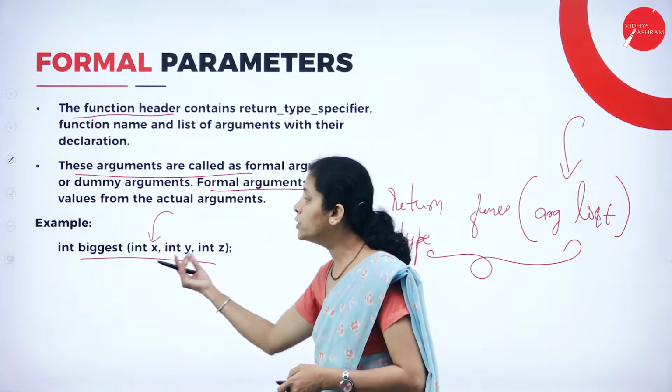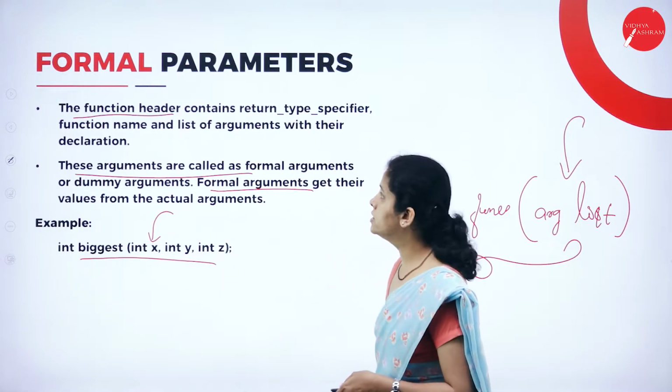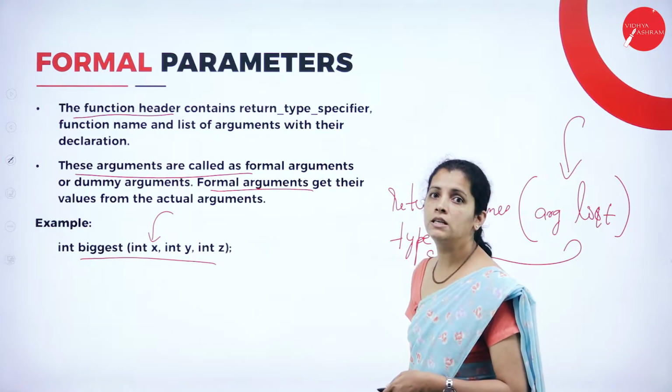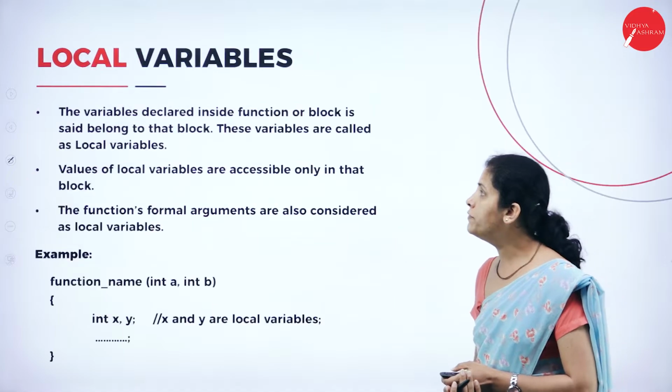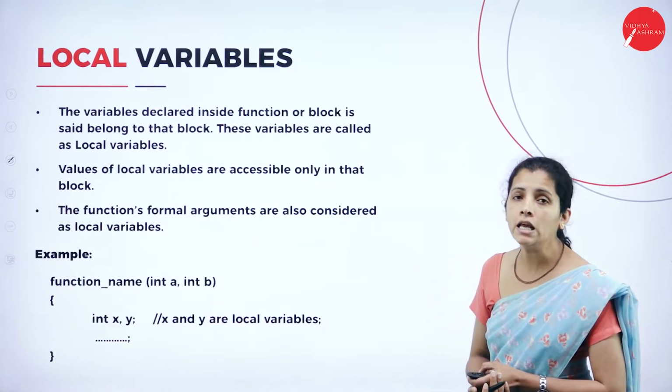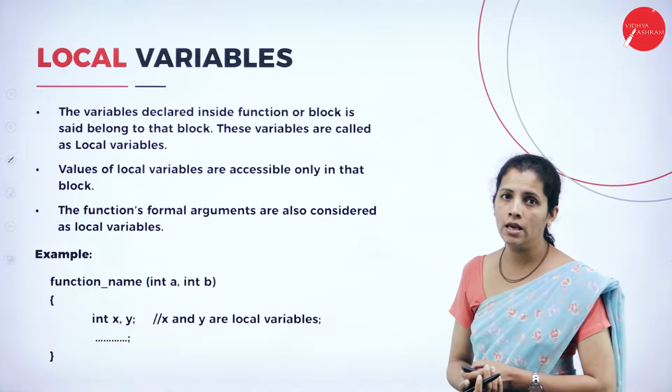This type of argument is known as formal parameter. Moving further, I'm going to have another type of variable, that is local variable.